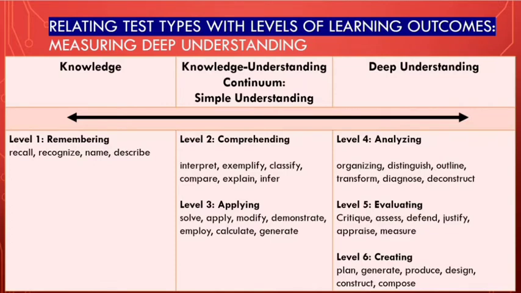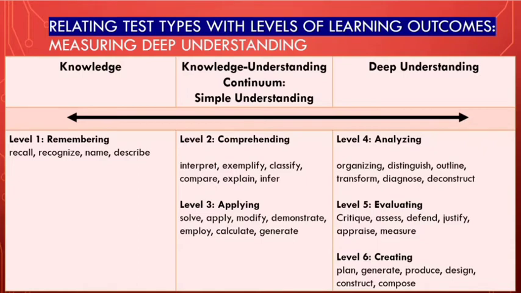So, obviously, you would see on the last column under deep understanding, these are levels relating to the higher order thinking skills. The table shows how the continuum is harnessed in aligning the cognitive levels to the learning outcomes with sample behaviors for each level. You could see, after level one, remembering, we have examples like recall, recognize, name, describe.